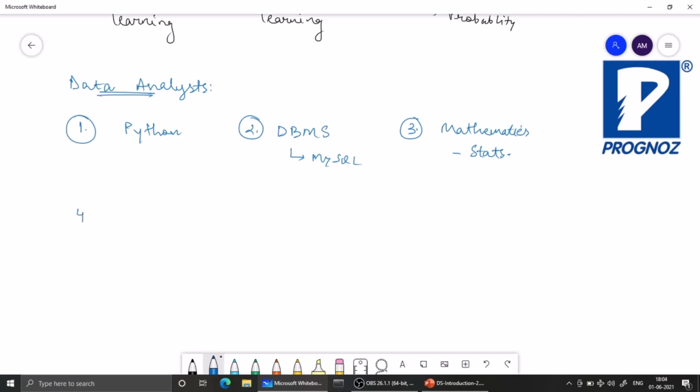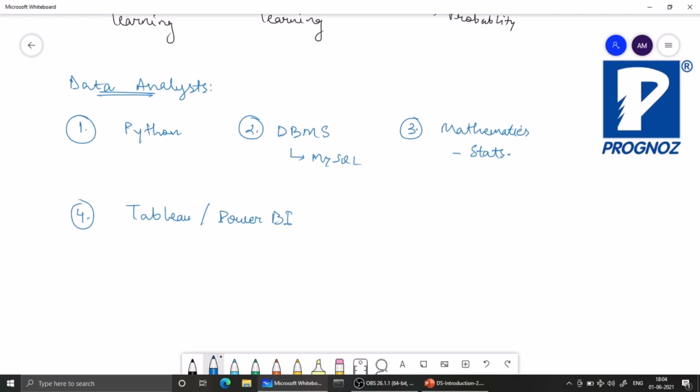Then they should be aware of Tableau or Power BI. What are Tableau and Power BI? These are business intelligence tools utilized for representing data visually through graphs and charts, and those graphs and charts are very interactive. In part 1 of this session, I asked you a small question: what is the need for presentation of the model?